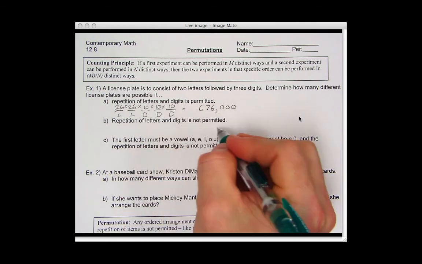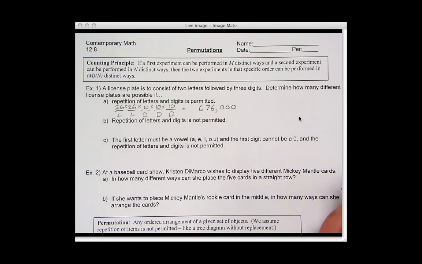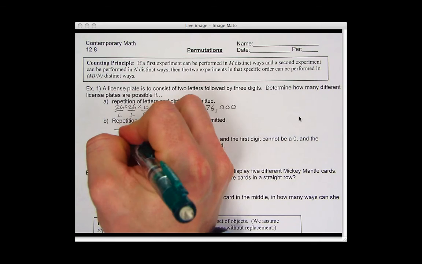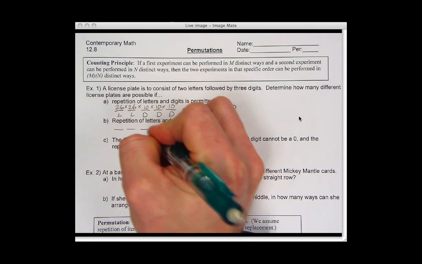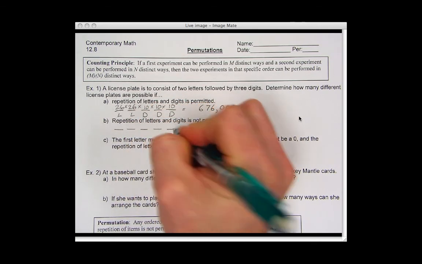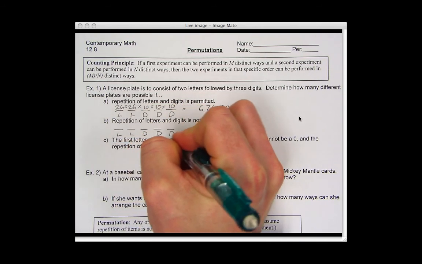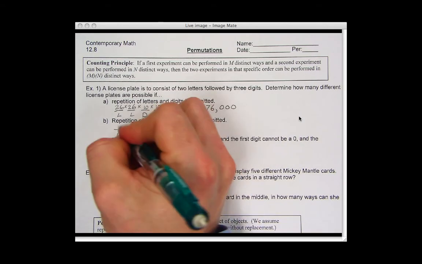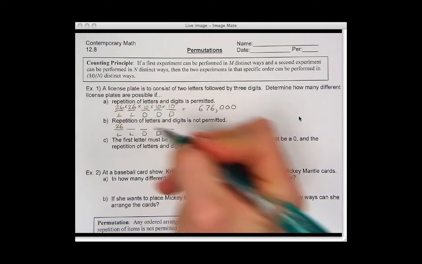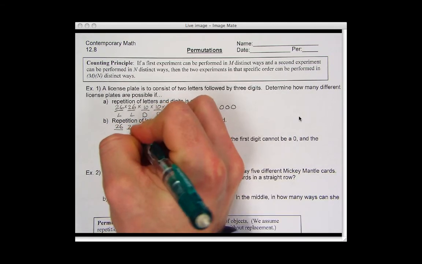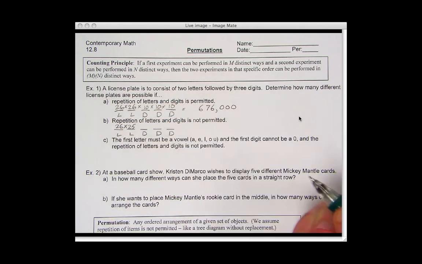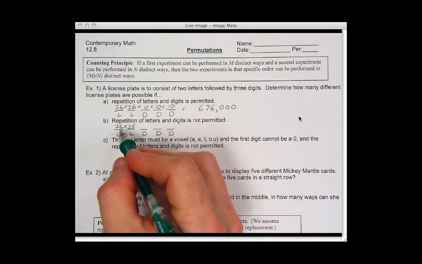Now you recall, if the repetition of letters and digits is not permitted, then the number is going to go down 1 for each letter or digit we use. So again, we have 2 letters, 3 digits. There's still 26 options for our first one. Now it's going to go down to 25, okay, because we used one of the letters here.